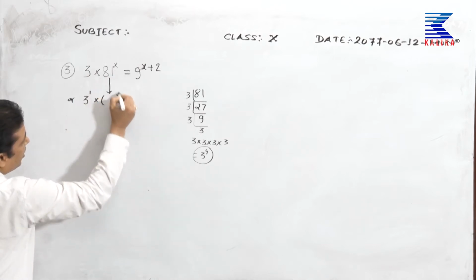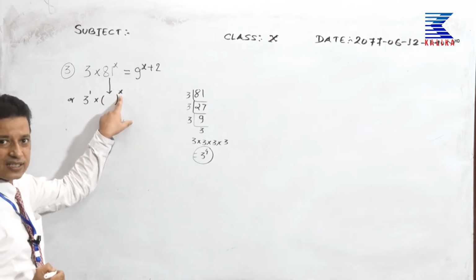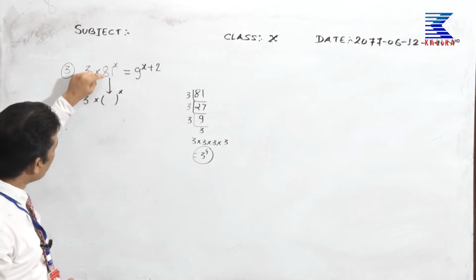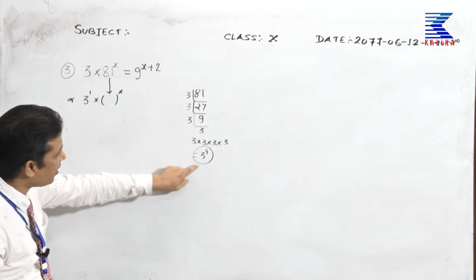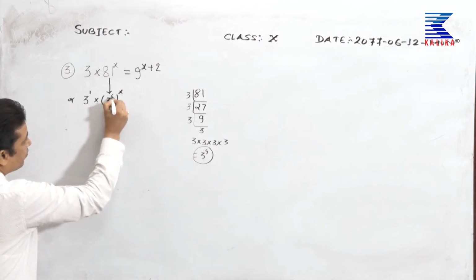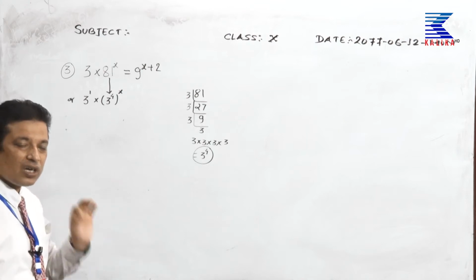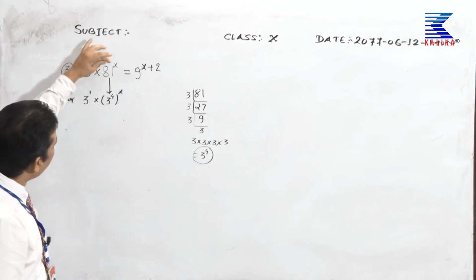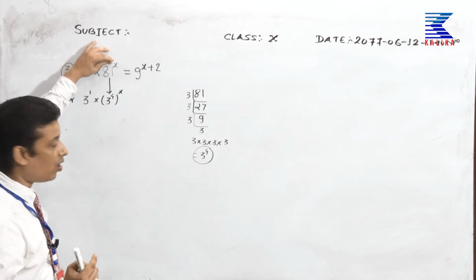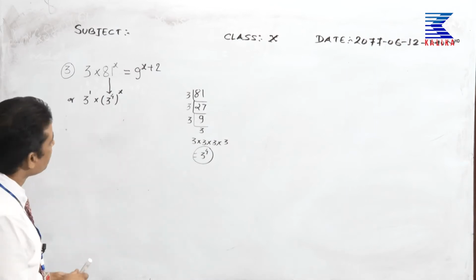Look, x is in the power, I have not done anything else, x is written separately as it is. Now, this 81 is going to be written as 3 to the power 4. Did you get the change? The only change here is that 81 is expressed in the power of 3. It is 3 to the power 4.